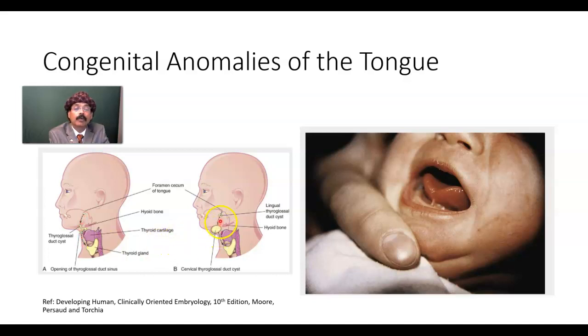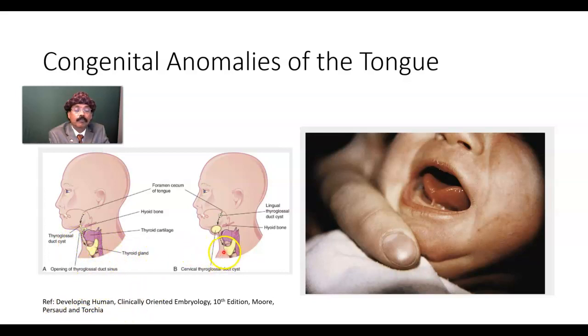Lingual thyroid tissue may be present in the tongue, or along this passage from the foramen cecum to the future thyroid gland space, we may have an intact tube, the thyroglossal duct. It may form a cyst or it may be inflamed there. Okay, there is a possibility.